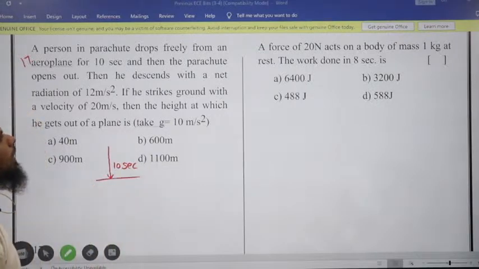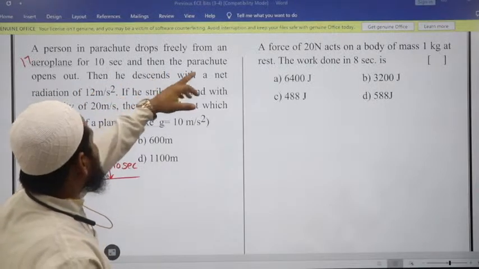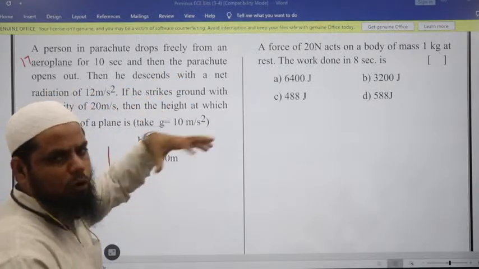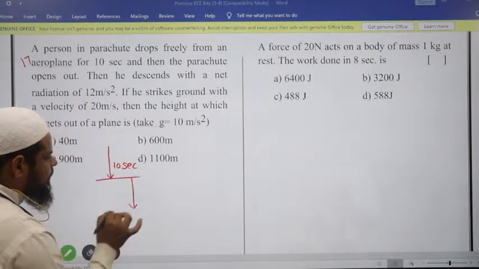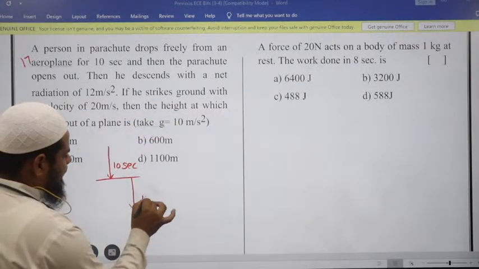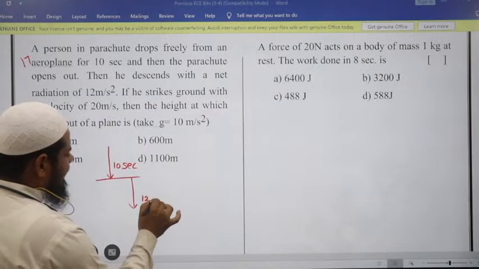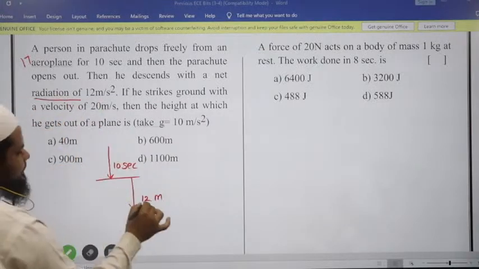Okay, and then the parachute opens up. Then he falls down with a retardation of 12 meter per second square. Retardation, not radiation, this is retardation.